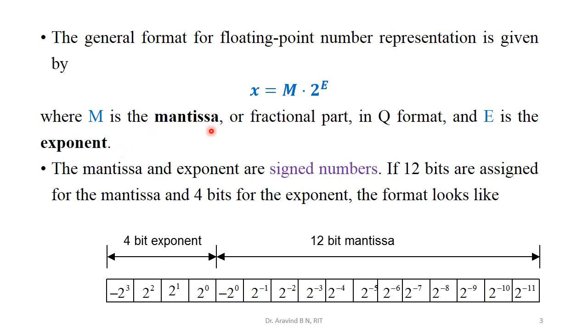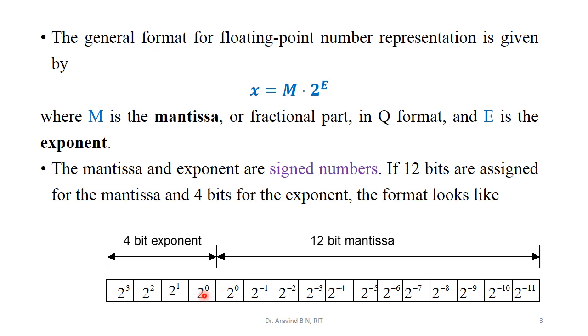M, the mantissa, is going to be realized in terms of the Q format. So here we are going to have a typical representation consisting of a 12-bit mantissa and a 4-bit exponent. Among the 12-bit mantissa, 11 bits represent the actual value and 1 bit represents the sign bit.